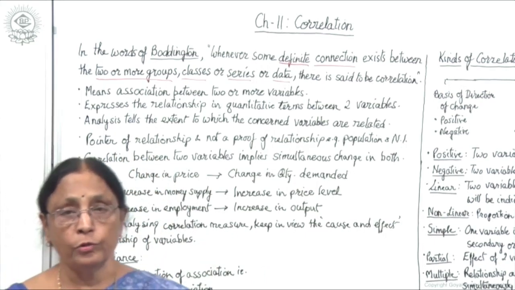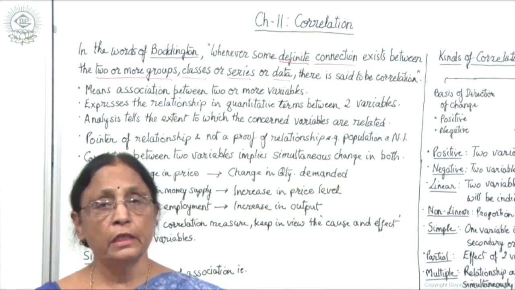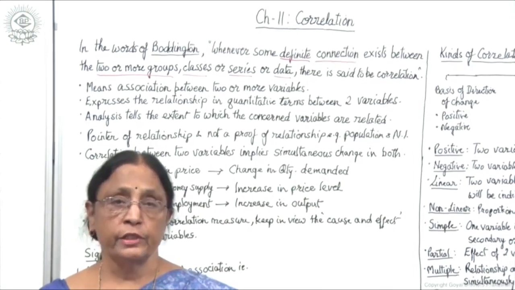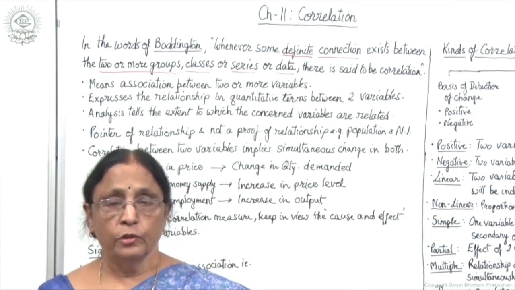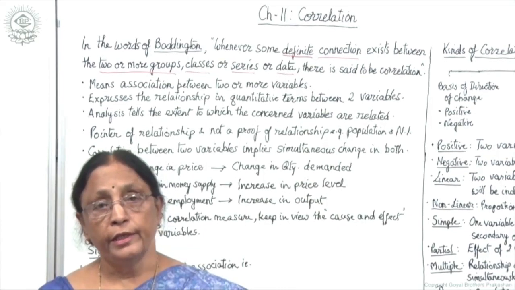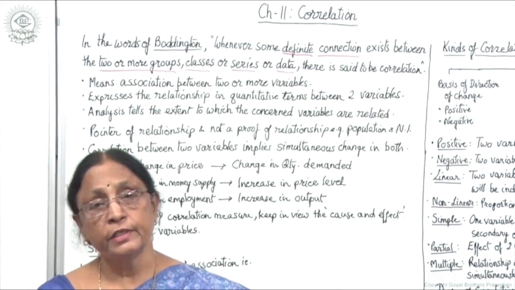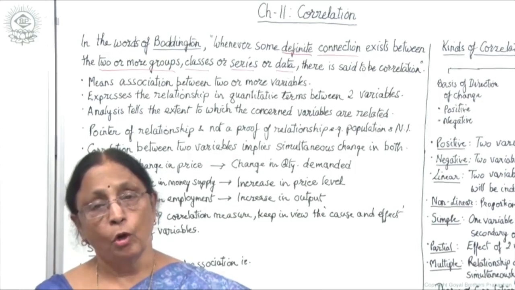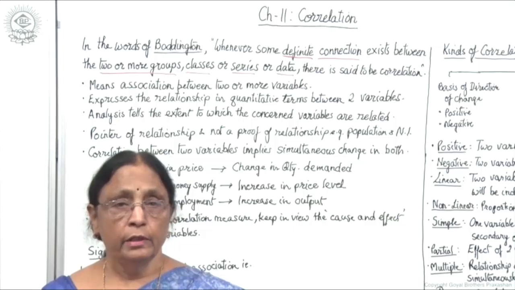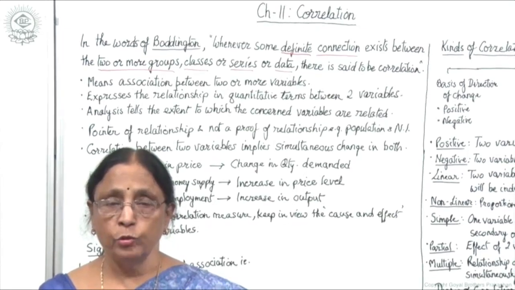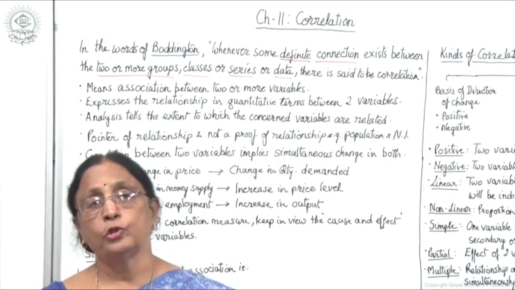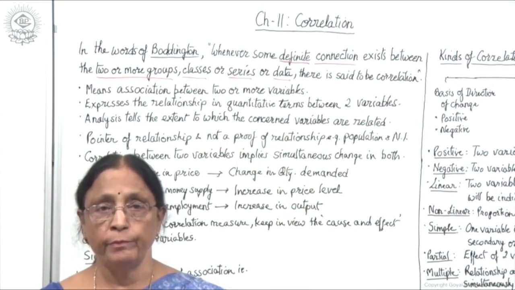It is pointing out that there may be some relation between the two, because when population is increasing, national income is also increasing. But it is not necessary that national income is increasing due to increase in population, or population is increasing due to increase in national income, right? There is no direct link between the two. Maybe there is a connection, but other factors are also responsible for increase in national income.